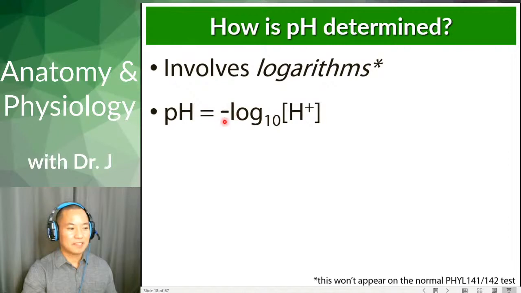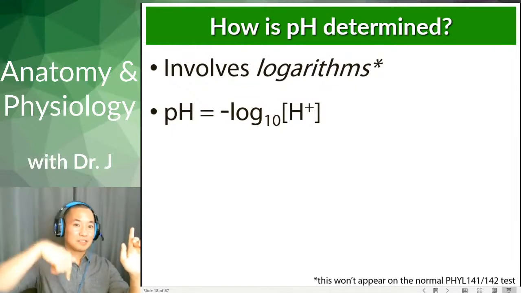But with pH, this negative sign actually flips it the other way around. This is why when something is very basic and has a very low proton concentration, it has a high pH. Whereas something that's acidic technically has more protons, which is why the pH tends to go down. It's funny, the more acidic something is, the lower the pH.